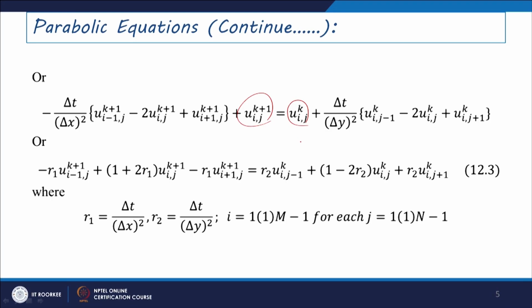And especially we are specifying del t by del x square as r1 here, and r2 as del t by del y square, for i equals 1 to m minus 1 and j equals 1 to n minus 1.